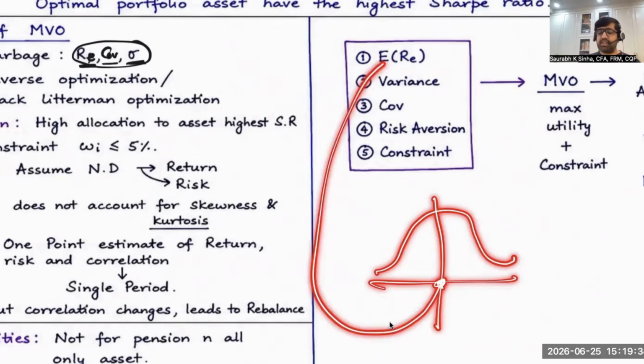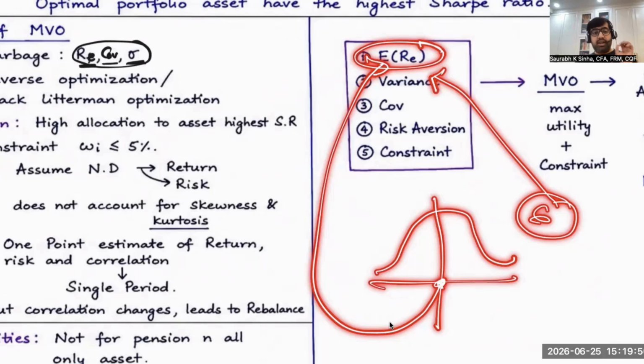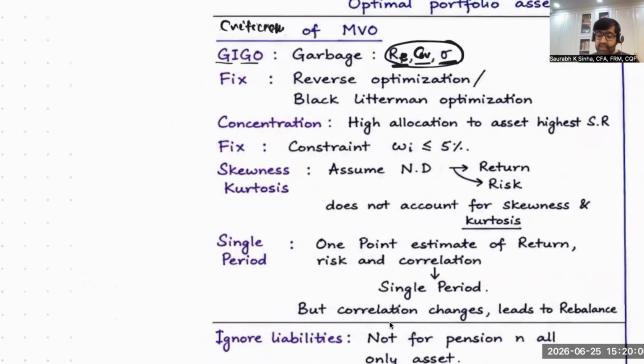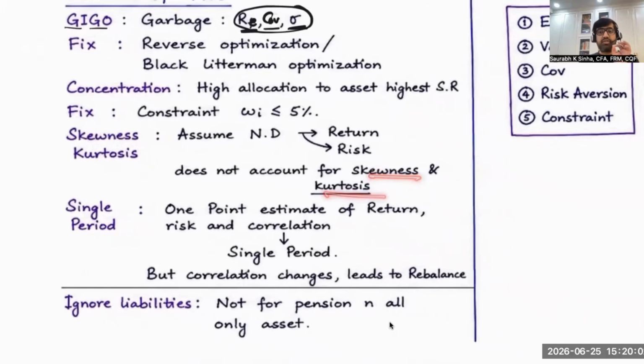And then they give one estimate for standard deviation for one asset, assuming it to be normally distributed, and thus it does not account for different possibilities of return, different possibilities of risk, and it doesn't account for skewness and kurtosis because of this normal distribution assumption. So the fix is not written. The fix is Monte Carlo simulation or MVO through sampling or resampled MVO, which is simply Monte Carlo simulation.